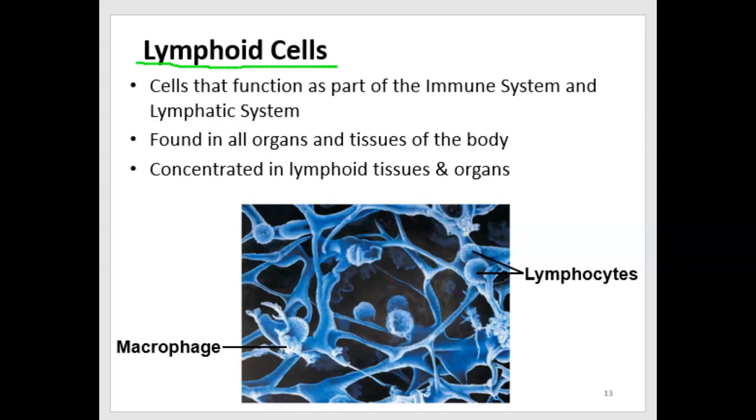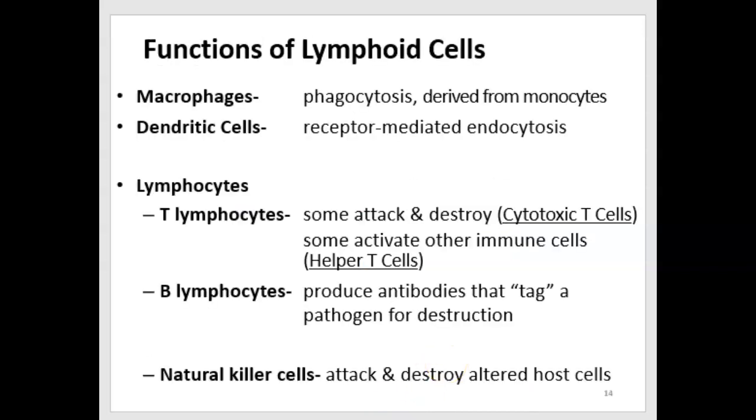This tells me that this picture was probably taken from a tonsil or a lymph node, maybe the thymus, but I doubt it because I just know the structure. Regardless, this slide just tells you that there are cells that are going to function in the immune system, but they're located within the lymphatic tissue. And we're doing the lymphatic system. So we'll cover the cells.